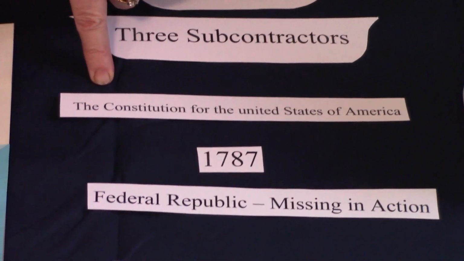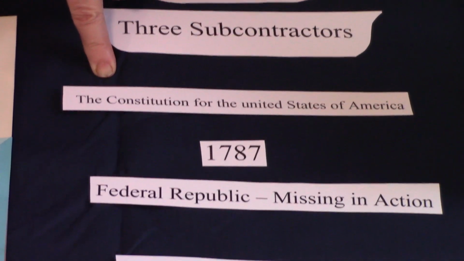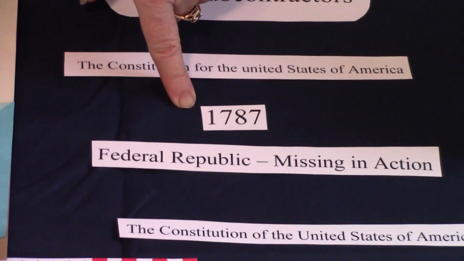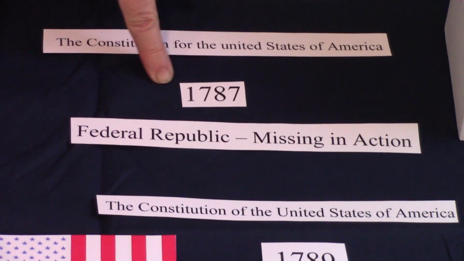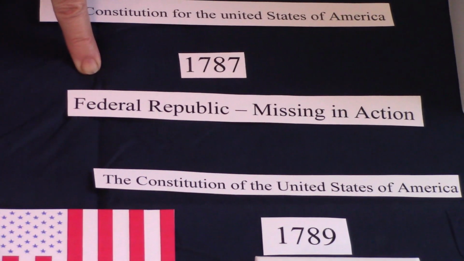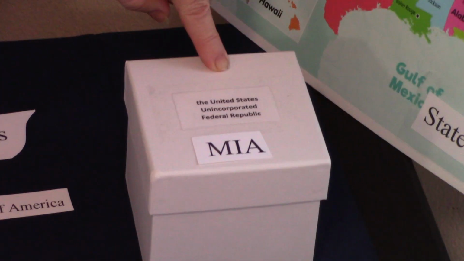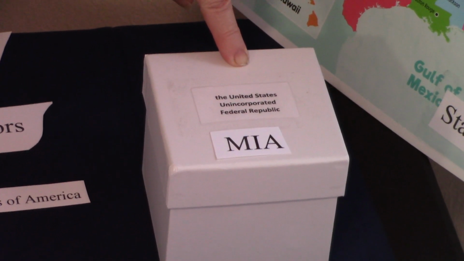This Constitution, known as the original Federal Constitution, came into effect in 1787. But the Federal Republic that it was designed to operate has been missing in action since the 1860s.